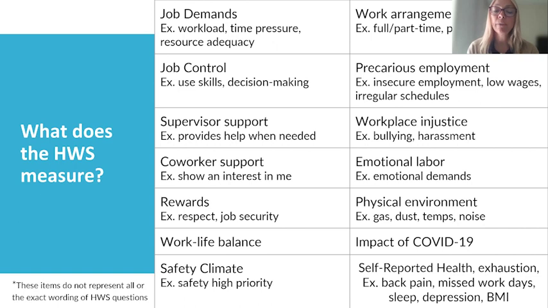We do have some measures of the physical environment of safety, and we have a voluntary section on the impact of COVID-19. We also include a number of questions that can also be compared to US national averages, the CDC self-reported health questions, as well as questions on exhaustion, a key component of burnout, on sleep, on back pain, missed work days, and so on.